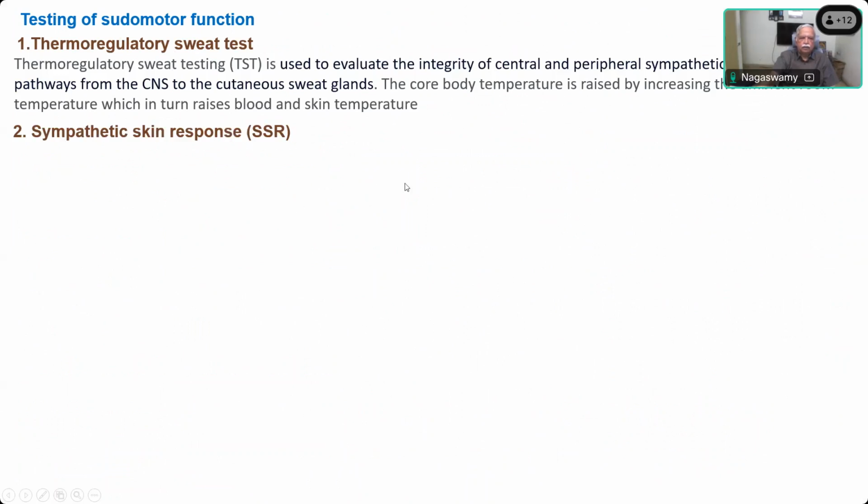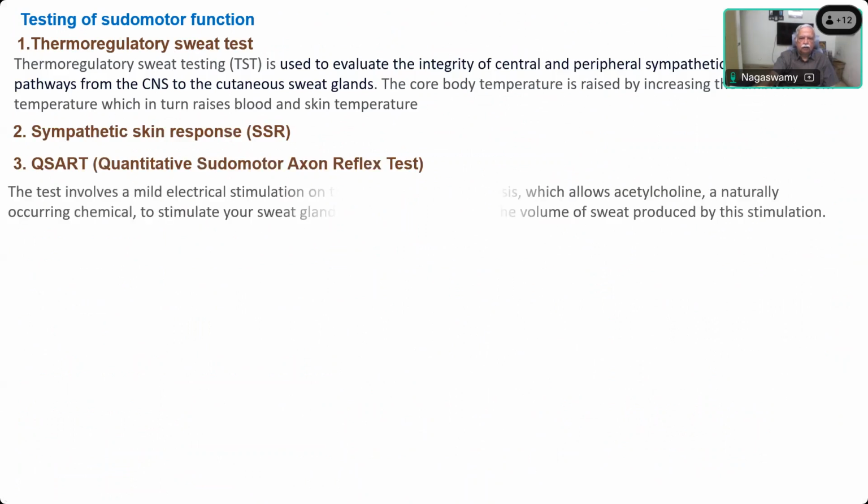Then sympathetic skin response, QSART, and the pseudomotor reflex test. The test involves mild electrical stimulation of the skin with iontophoresis, which allows acetylcholine, a naturally occurring chemical, to stimulate the sweat gland. And QSART measures the volume of sweat produced by the stimulation.